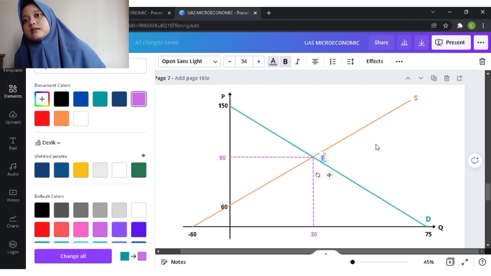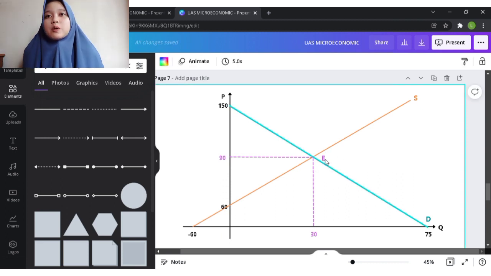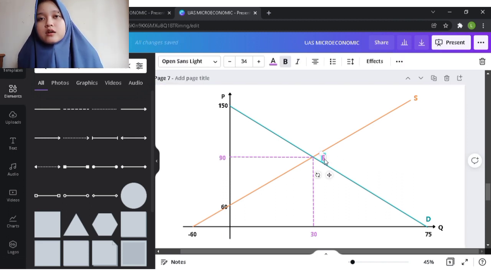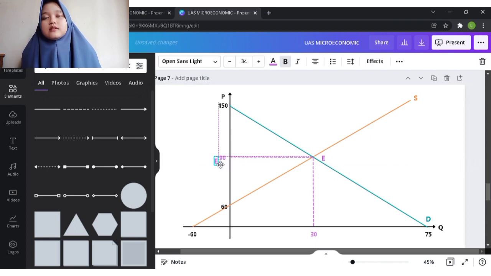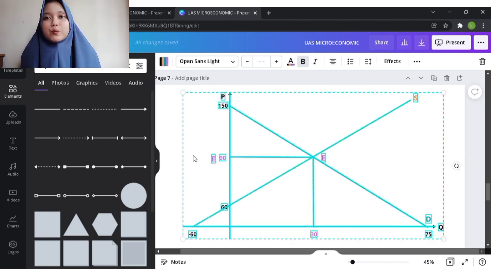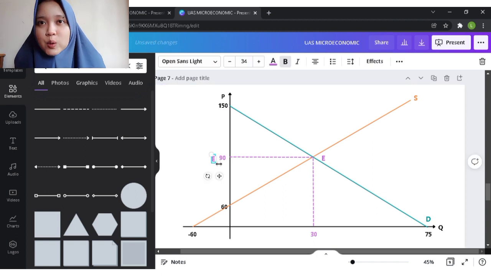Because this is the price equilibrium, we give the note that 90 is the price equilibrium.